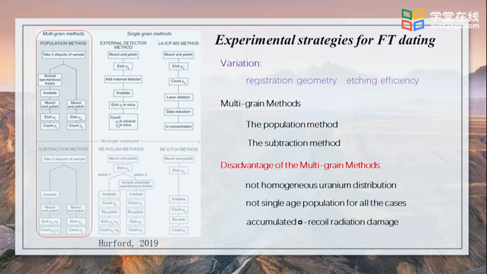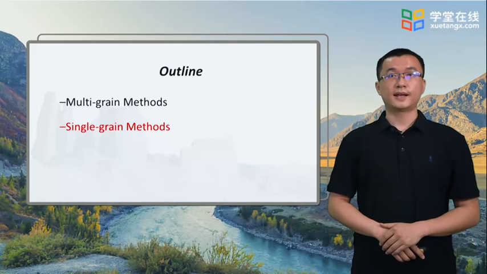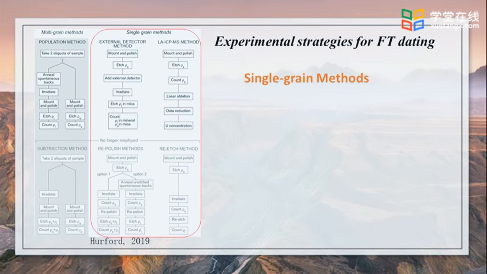This appears to have no effect on apatite, possibly because alpha recoil damage is not preserved. But for zircon and titanite, the etching characteristics may be substantially altered, invalidating one of the principal advantages of the multi-grain strategy. Let's move to the second topic, the single-grain methods.